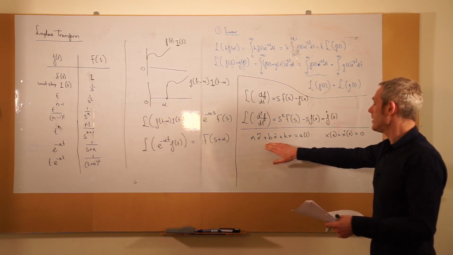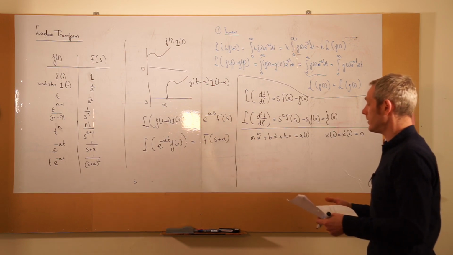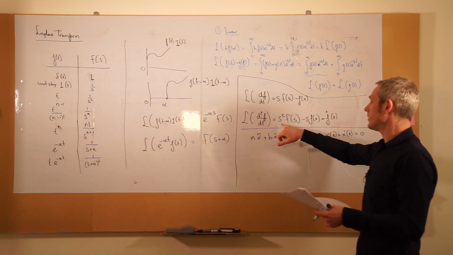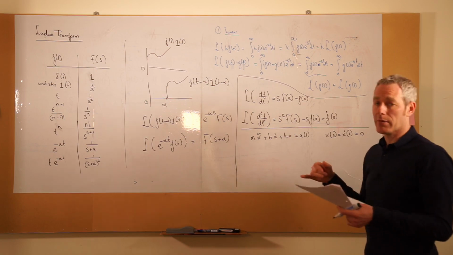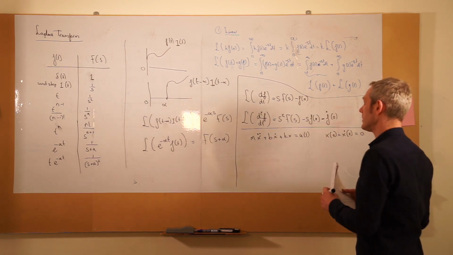If we look at the Laplace transform of this equation, we know that the second derivative yields s squared times the Laplace transform of x, but all our initial conditions are 0.